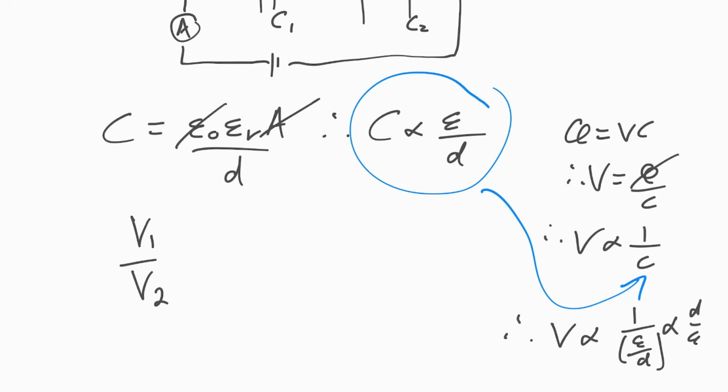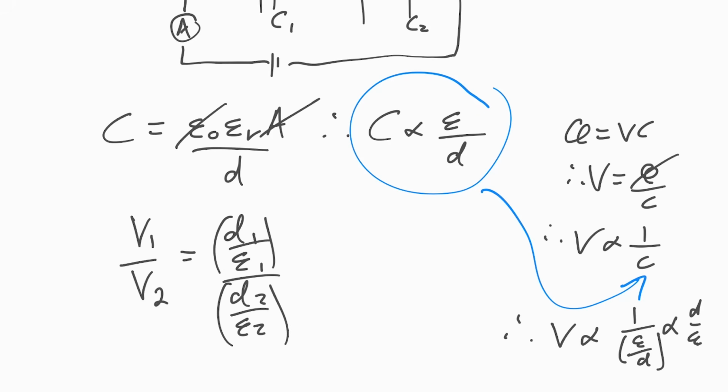So I'm going to say V1 over V2 is equal to, again, we replace it with what they're proportional to. So that's D1 over epsilon 1 over D2 over epsilon 2. We want to separate the ratios, so we end up with D1 over D2, and this epsilon 2 ends up on top, so it ends up being epsilon 2 over epsilon 1.